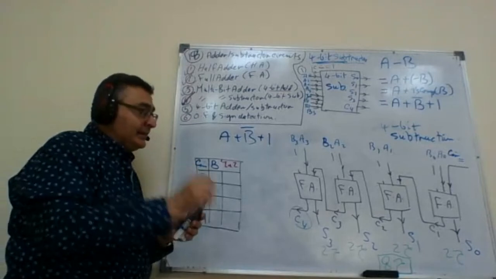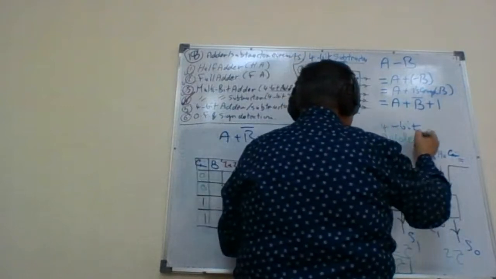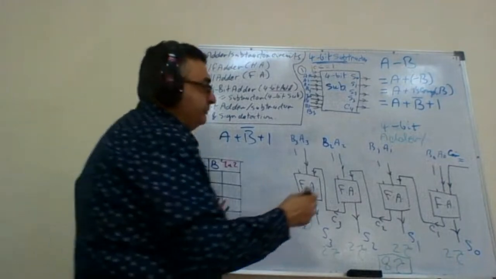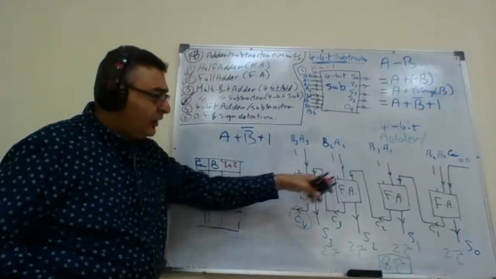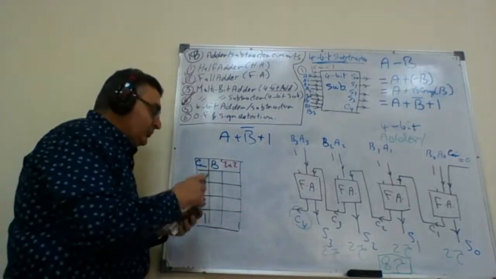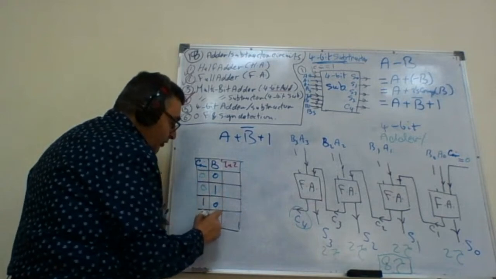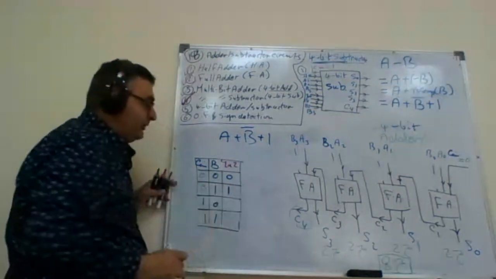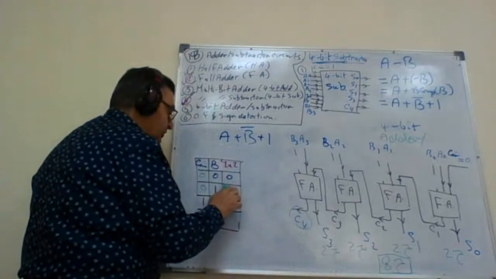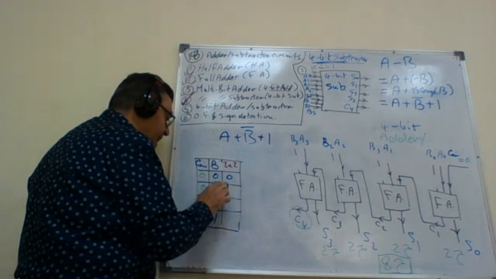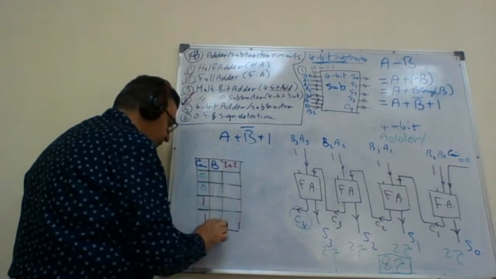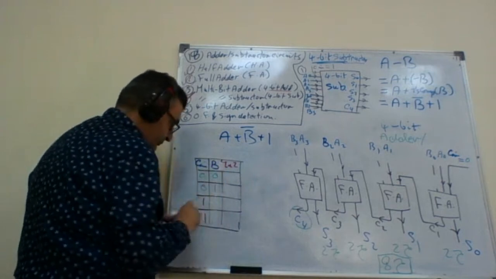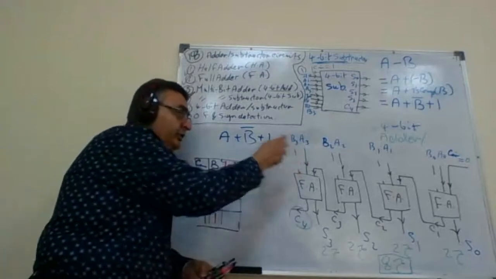If I'm using this circuit as an adder, Cin should be 0, and the inputs to the full adders should be B. So I need some circuit that, when Cin equals 0, will give me exactly the value of B. I need to put some circuit here.